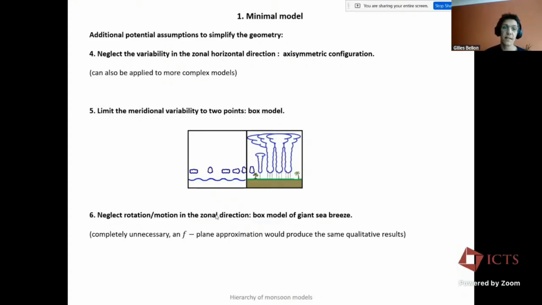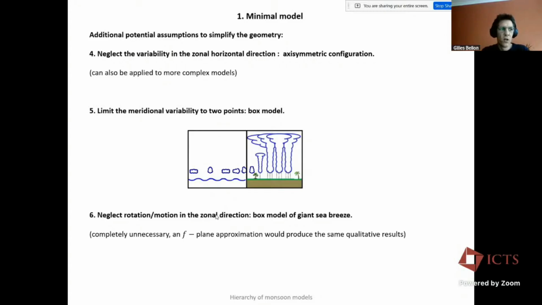And so with that, I think this is really the minimal model of monsoon that we can use. It does match that giant sea breeze image, but with a basis that's much more physical than just, oh, we've got the land that's heating, so air is rising and converging onto land due to that heating.